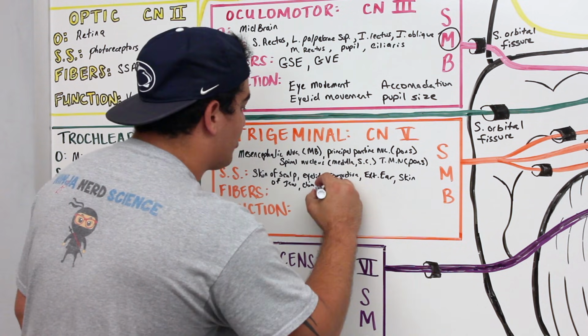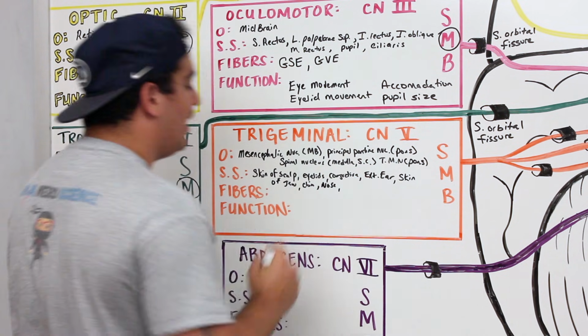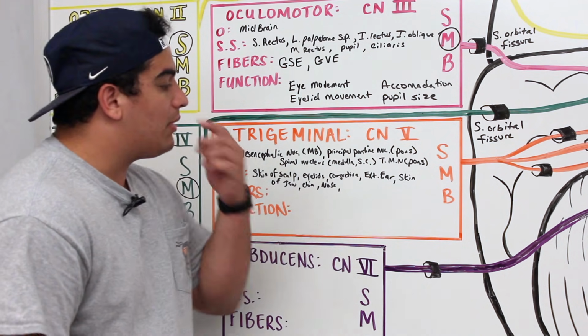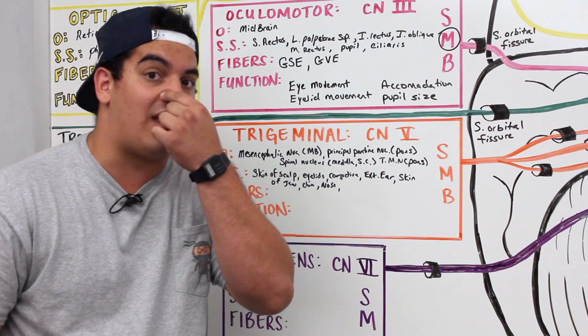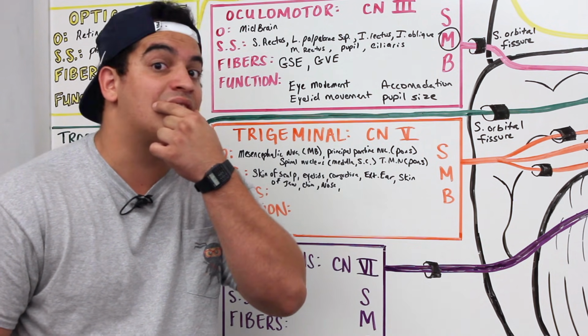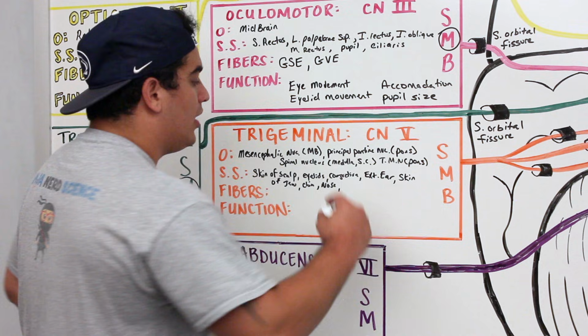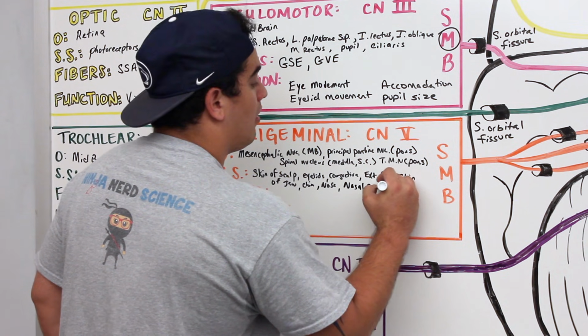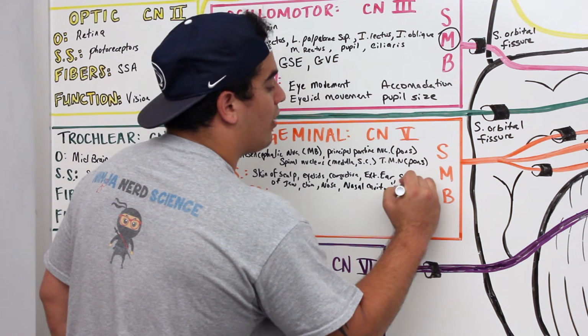It can supply some of the internal cavities, so the nasal cavity. It can supply the oral cavity, okay? So it can even supply the nasal cavity and oral cavity.